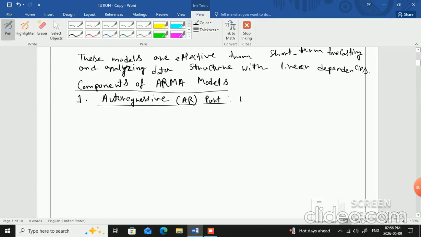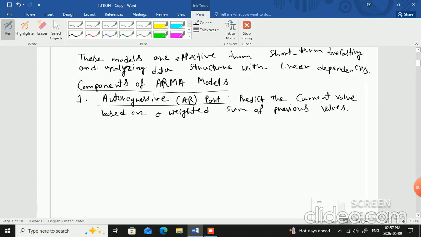It predicts the current value based on a weighted sum of previous values. This is known as autoregressive.